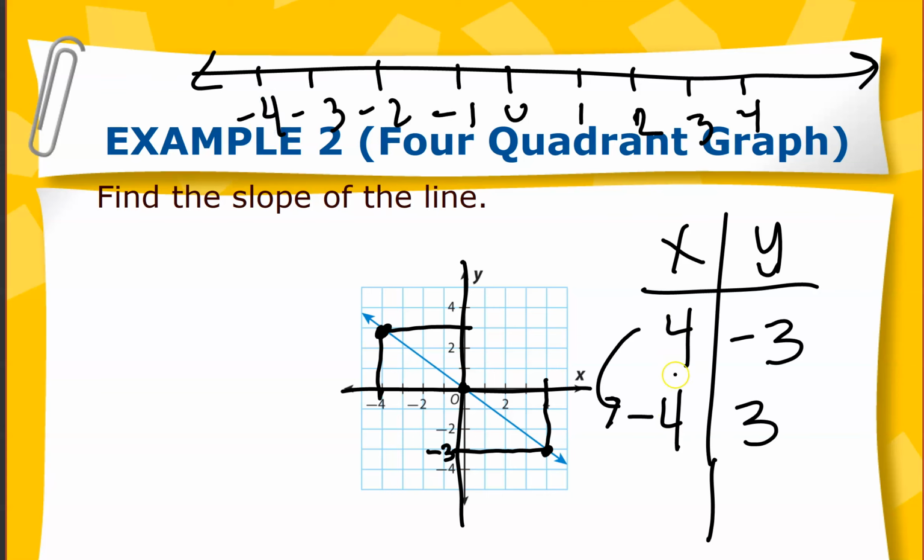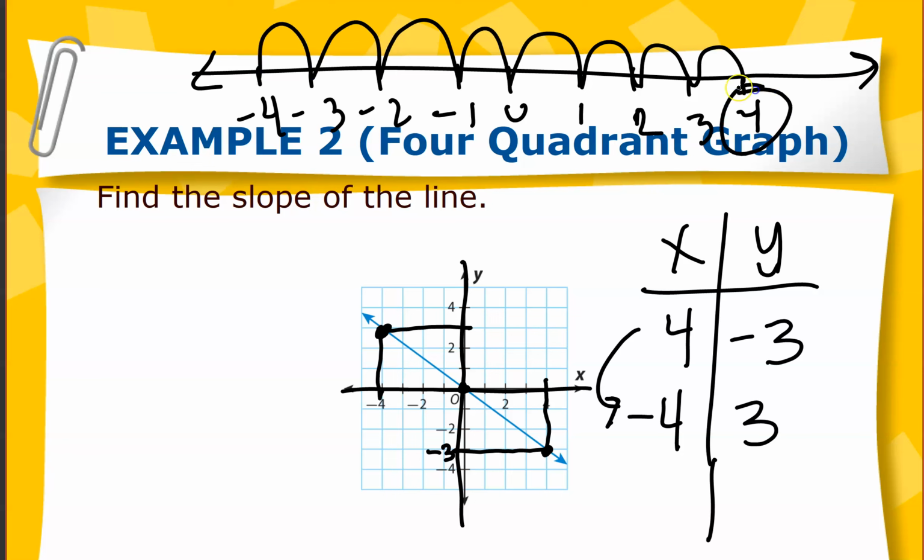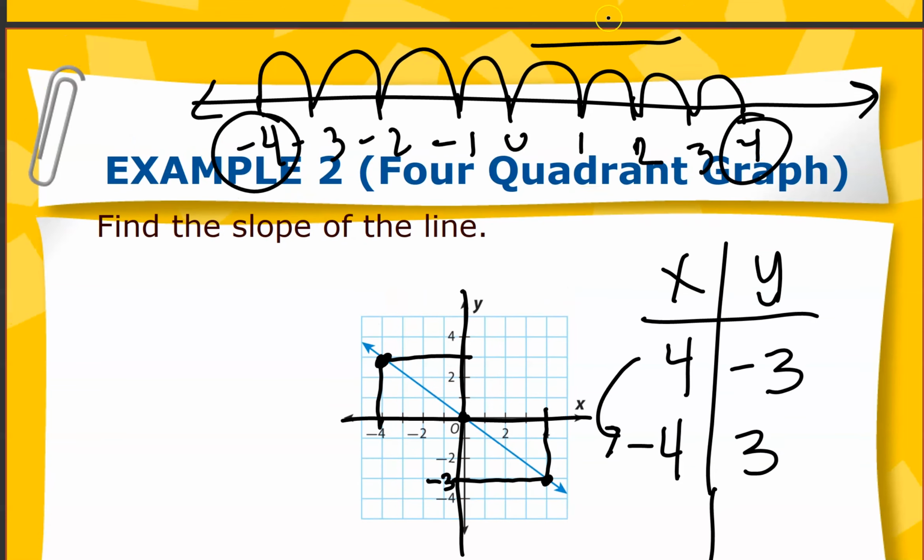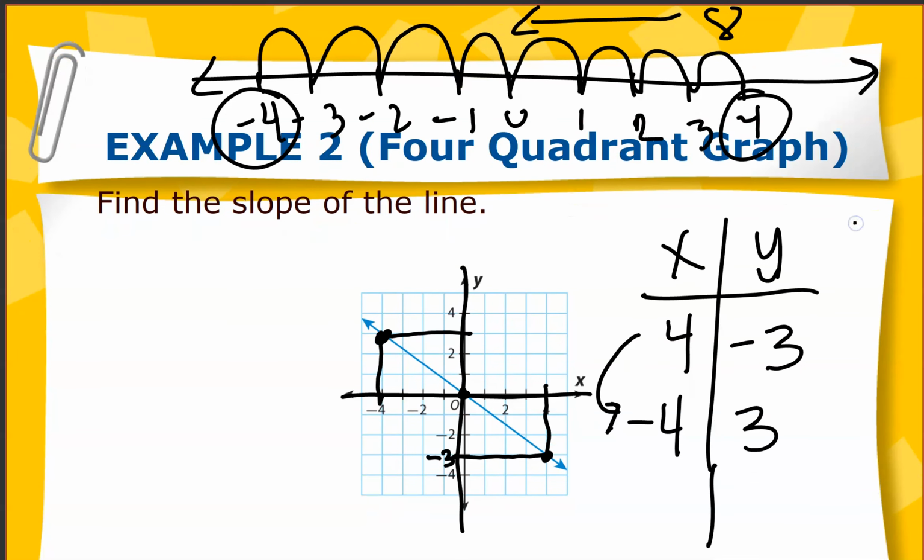From 4 to -4, we're going to go to the left. 1, 2, 3, 4, 5, 6, 7, 8. So from my +4 to my -4, I went left 8. That means I am going to subtract 8.